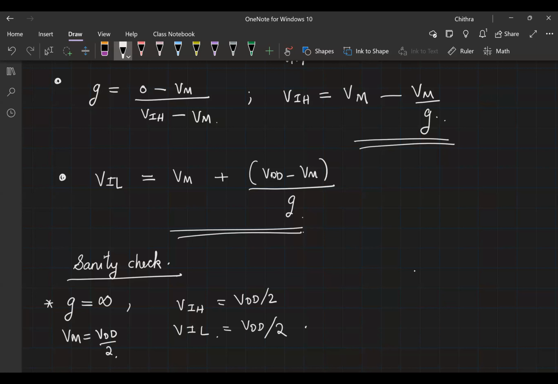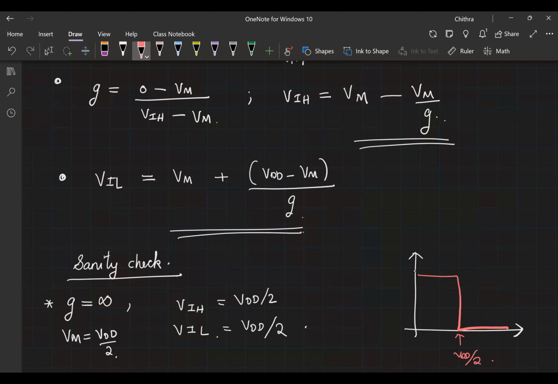So with the assumption G equal to infinity and VM equal to VDD by 2, we are looking at the ideal VTC curve where the transition region has infinite gain, and this is happening at VDD by 2. So as we saw for the ideal VTC earlier, VIH and VIL will be equal in this case.